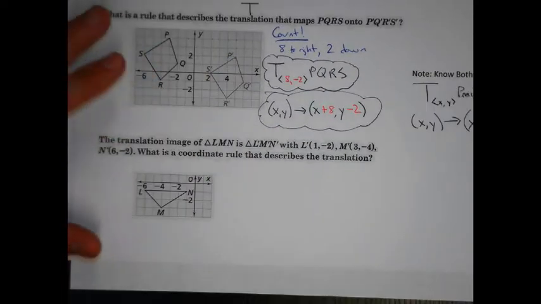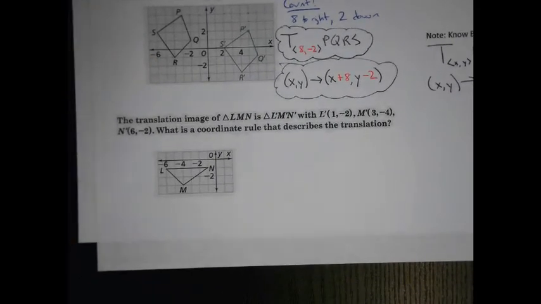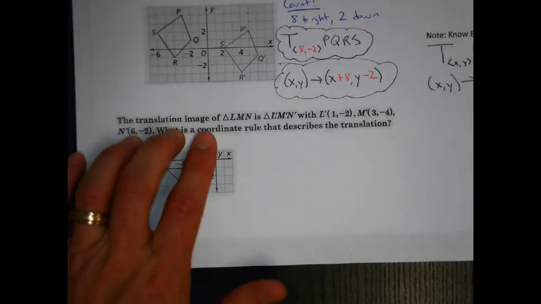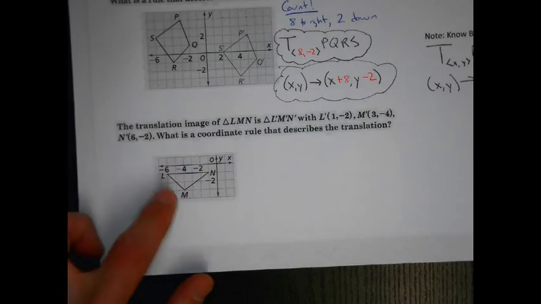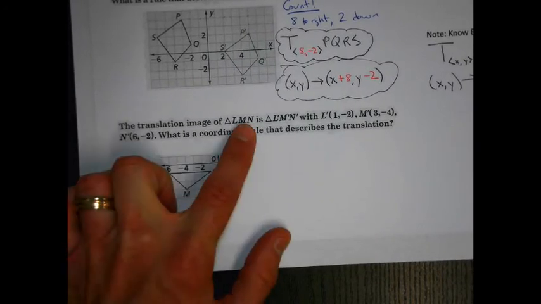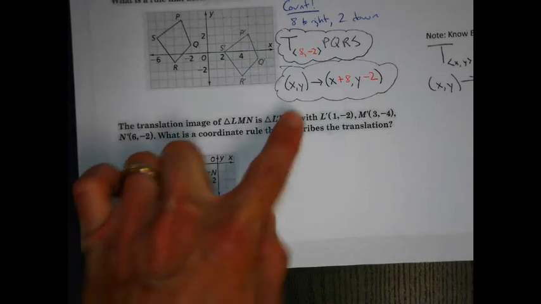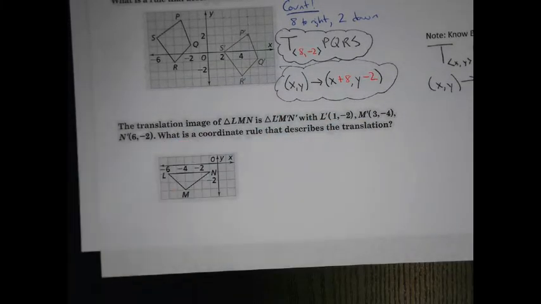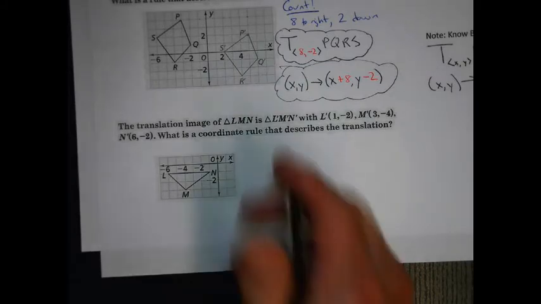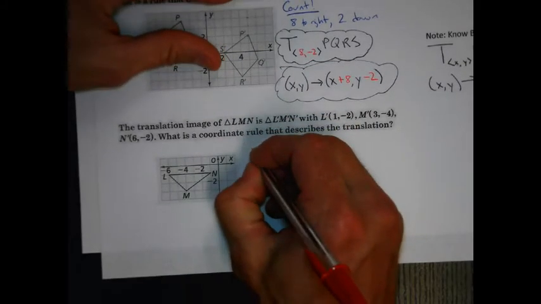Here's another question, though. Let's see if we know what's going on. So the translation of image triangle LMN, here's triangle LMN, there it is triangle L prime, M prime, N prime, with all these different ordered pairs. What is a coordinate rule that describes the translation? What we're going to do is plot it and count. We can totally do that.